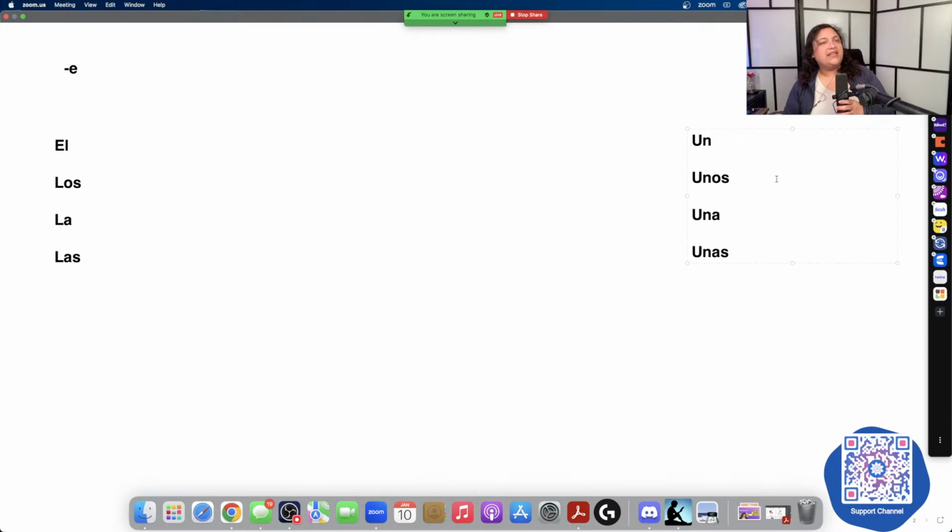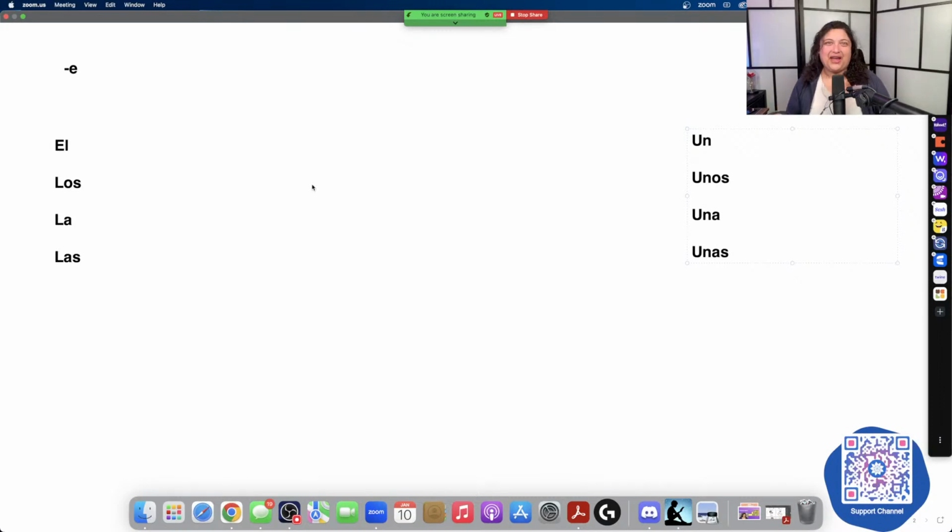So whenever you see one of these articles before a noun, this will let you know if the noun is going to be masculine or feminine. And this is going to come in handy, especially if we have words that end with an E or other endings, because not all words are going to end in MA or A or O or AMBRE and stuff like that.